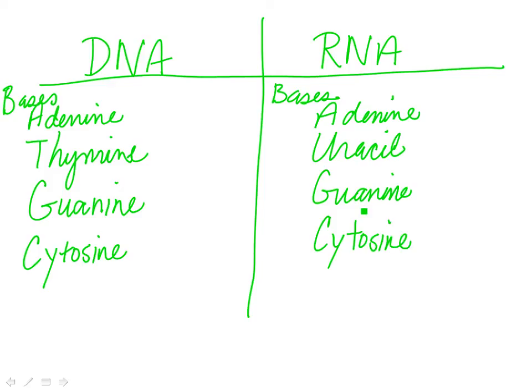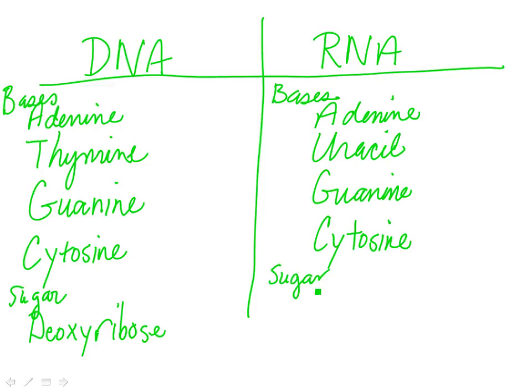The 5-carbon sugar that we'll find in DNA is going to be deoxyribose. And the 5-carbon sugar that we'll find in RNA will be ribose.